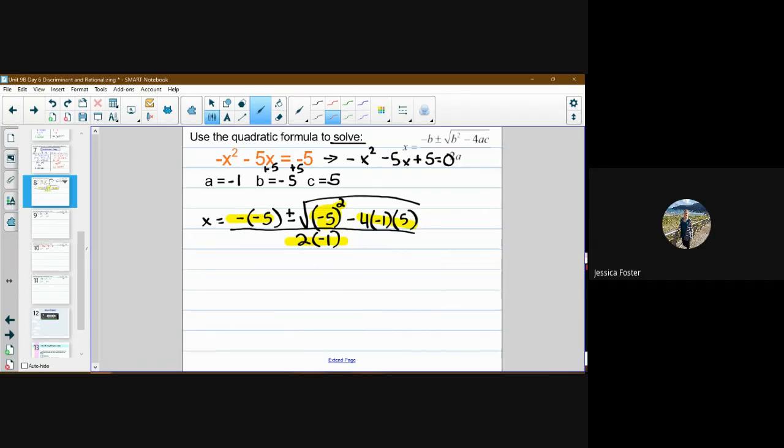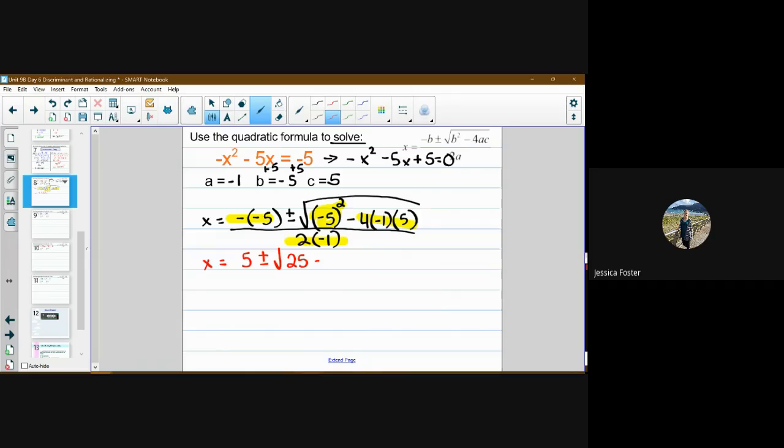So we've got x equals a double negative is a positive, plus or minus the square root. Well, -5 squared is the same as -5 times -5, positive 25, minus 4 times a times c. So it depends on how you want to think about it.